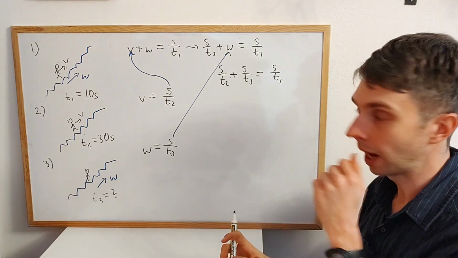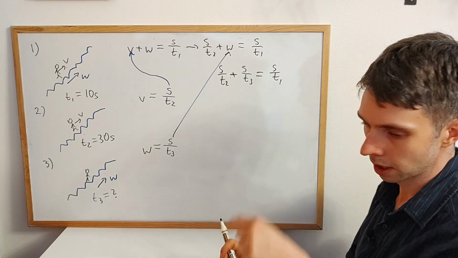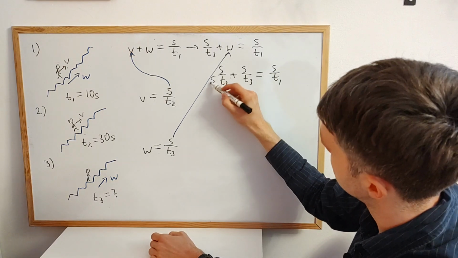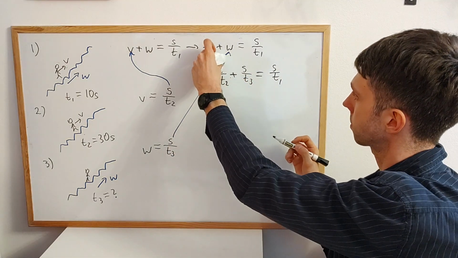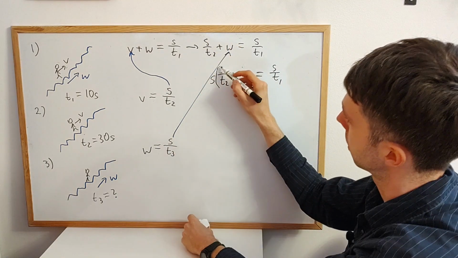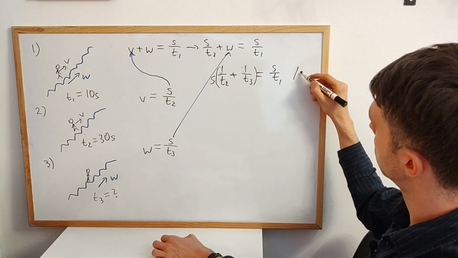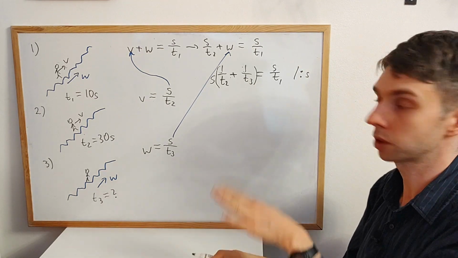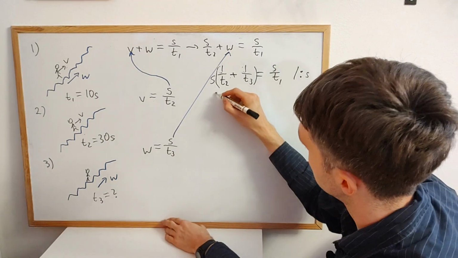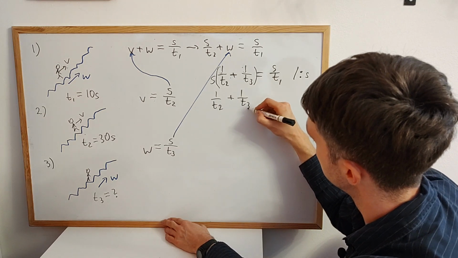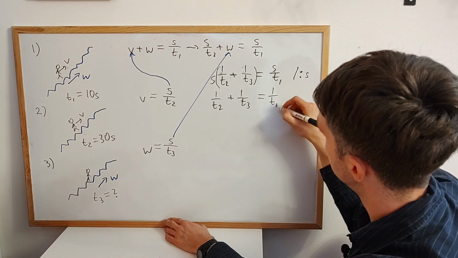Now look, I have s everywhere, so s on the left-hand side is a common factor. So I can divide both sides of the equation by s, and what I have is 1 over t2 plus 1 over t3 equals 1 over t1.